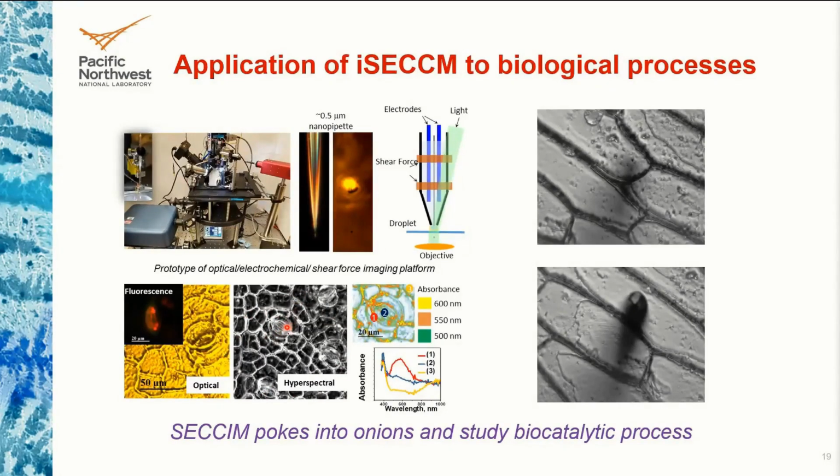The SCCM technique allows us to land on each part of the onion cell and understand how the ion conductance or other electroactive species react, or you can actually do any type of electrochemical reaction and then monitor the signal. So this is a quick example, but we are still working towards a good application using the hyperspectral imaging, and it will probably also be applicable to study biocatalytic or biomimicking catalysis in future.